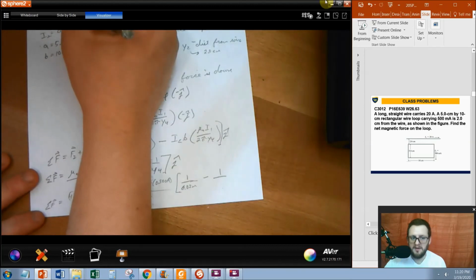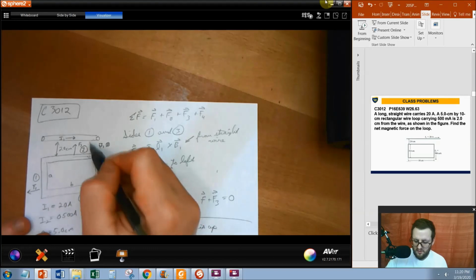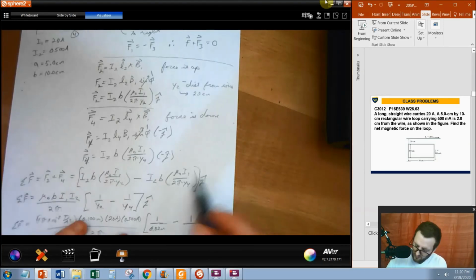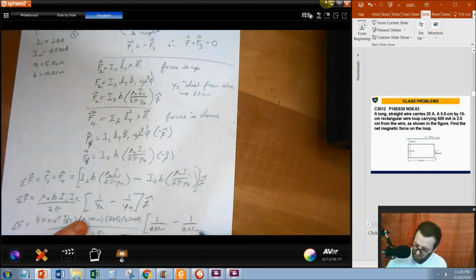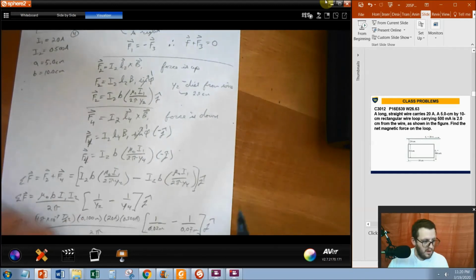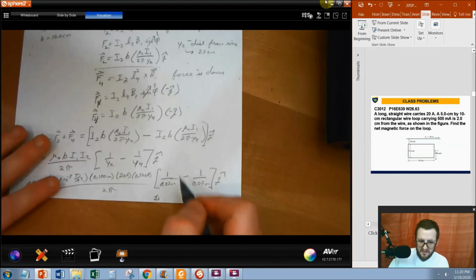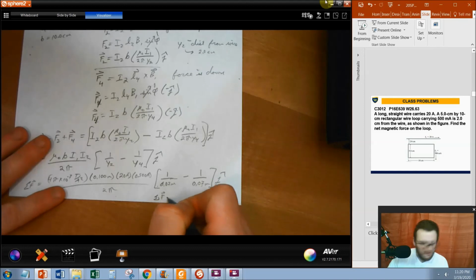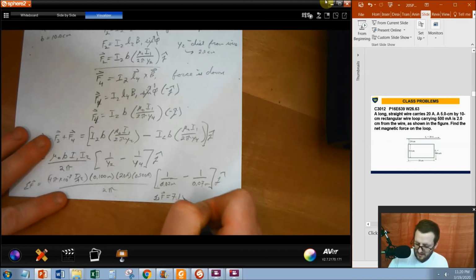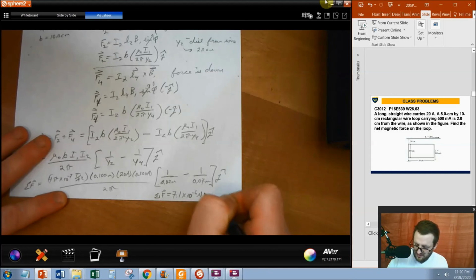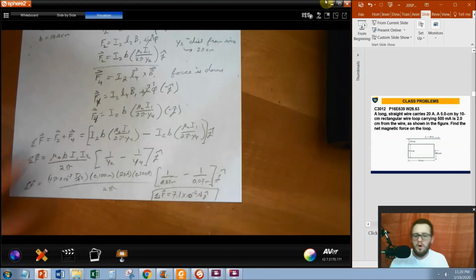So it's 7 centimeters away from the source. When you add all that together, you get 7.1 times 10 to the negative 6 newtons, in the positive j hat direction. Or you could talk about that in terms of micronewtons. That's 7.1 micronewtons.